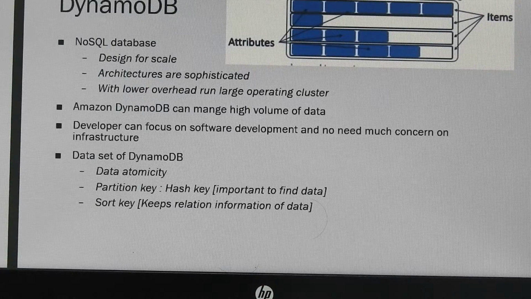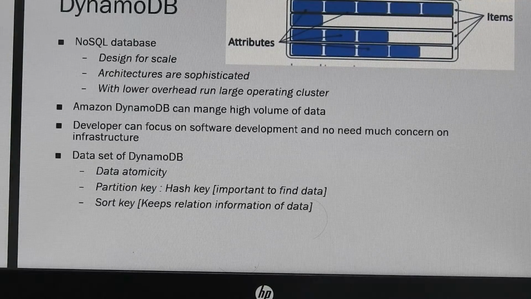When you look at Oracle or PostgreSQL, they are giants. They can store large amounts of data. But when looking at DynamoDB, yes, it can store and manage large amounts of data efficiently.